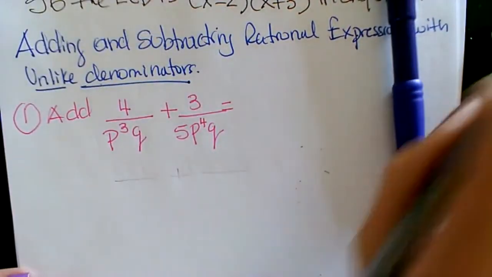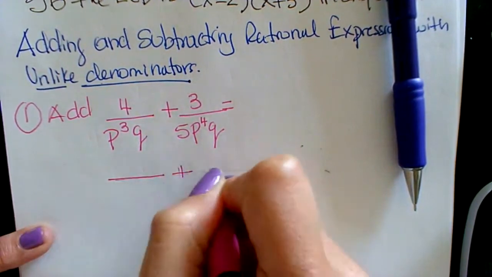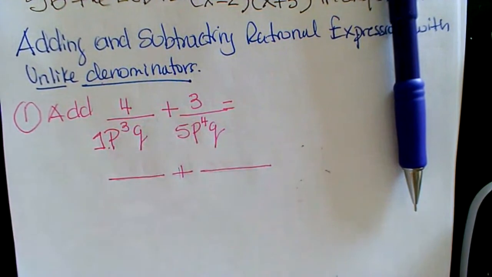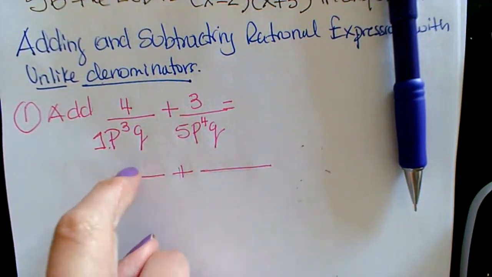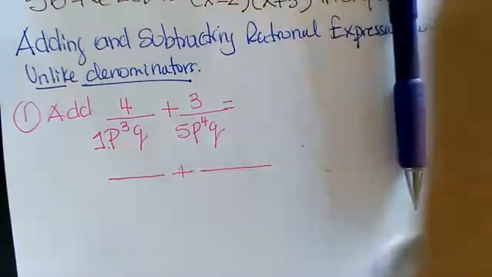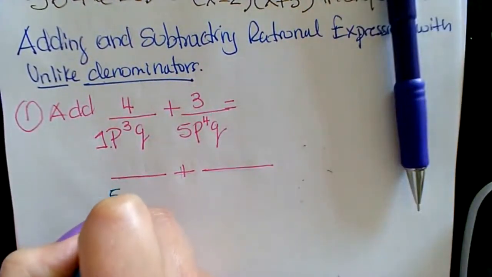Okay. So, in terms of the numbers, looking at the denominator, I have a 1 and a 5. So what do we need on this side? We need a 5.